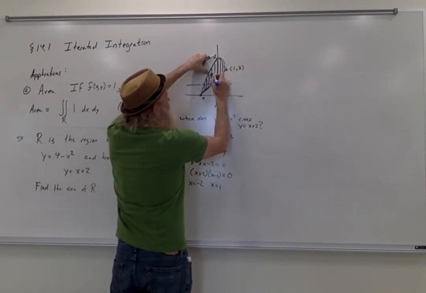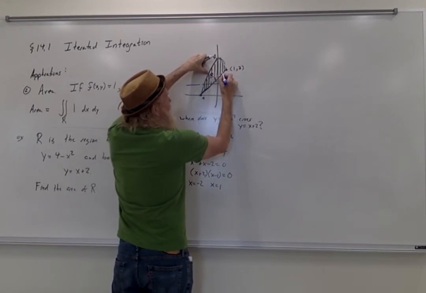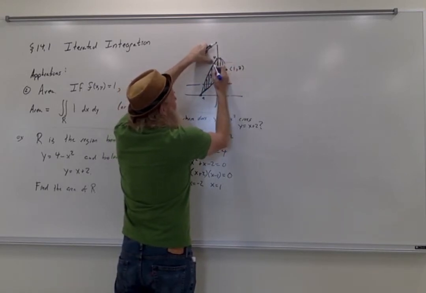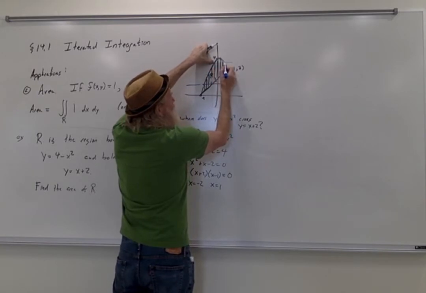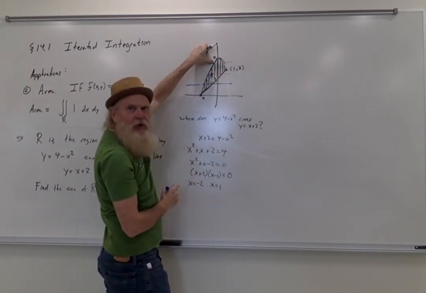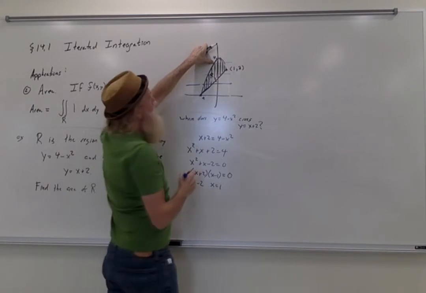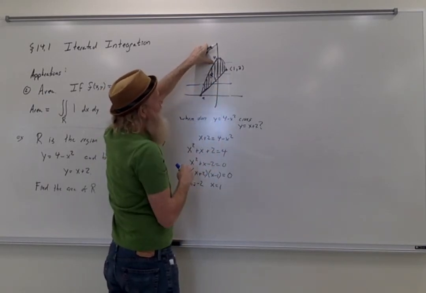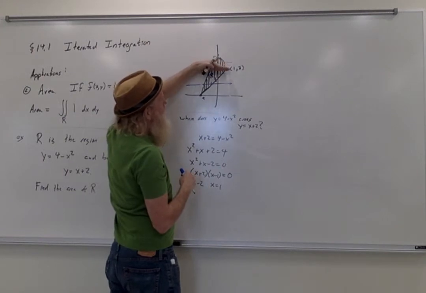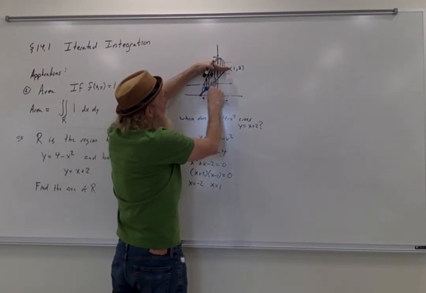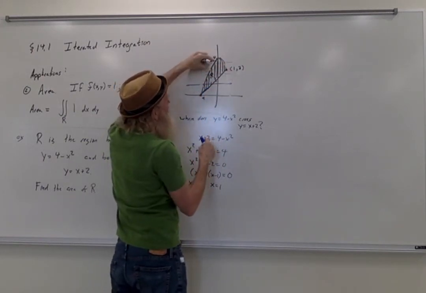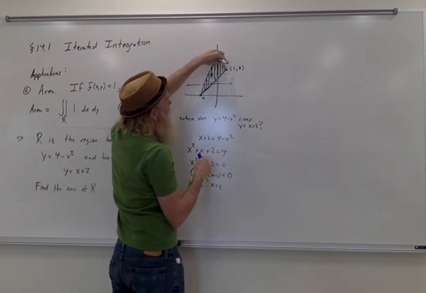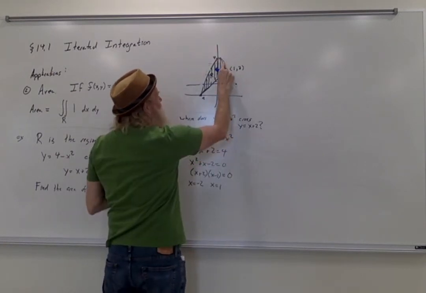Moving up a little bit, I'm still entering on the parabola and exiting on the line, but up here in the top, I'm entering on one part of the parabola and leaving on another part of the parabola. So if I were to try to integrate this going horizontally, I need to break it into two parts. One part where I'm going from parabola to line, and then this top part where I'm going from the left side of the parabola to the right side of the parabola.